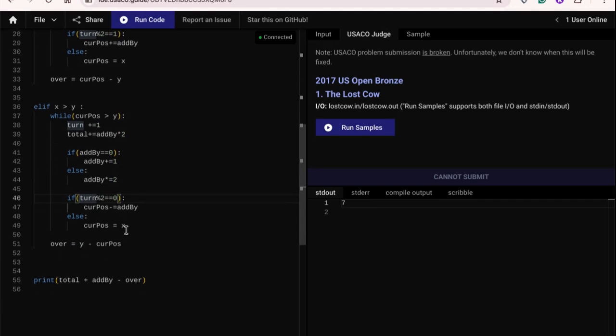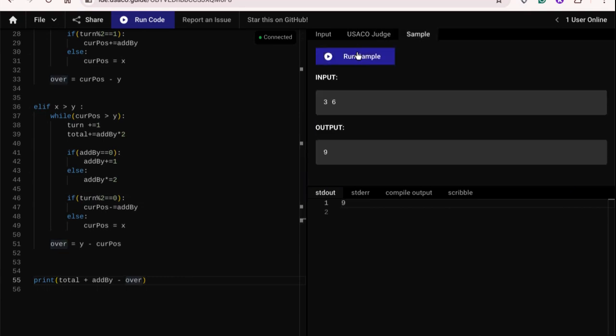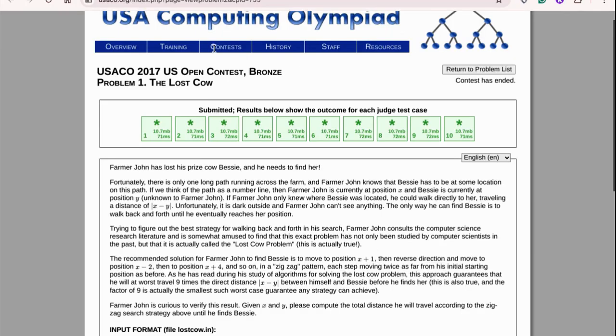And then finally, we also know that if curpos overshoots Bessie, Bessie will be at a greater position than Farmer John. That's why instead of being curpos minus y, it'll be y minus curpos. And then again, we're just printing total plus add by minus over. And then, yeah, we can see that it works and that we get it for all the cases.